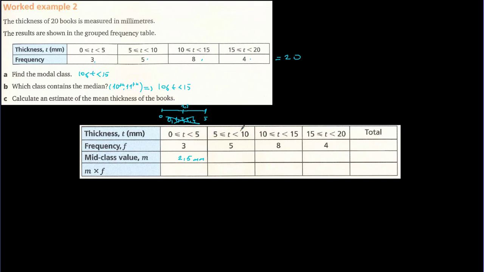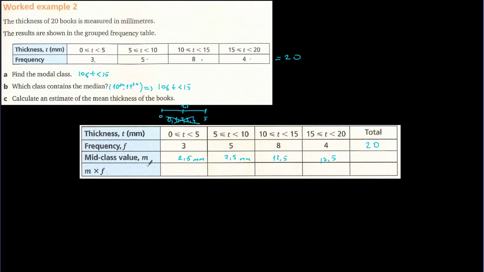Between 5 and 10, it's going to be 7.5. As you see, the units are continuing with 5 units. Then this is going to be 12.5, and the last one is going to be 17.5.